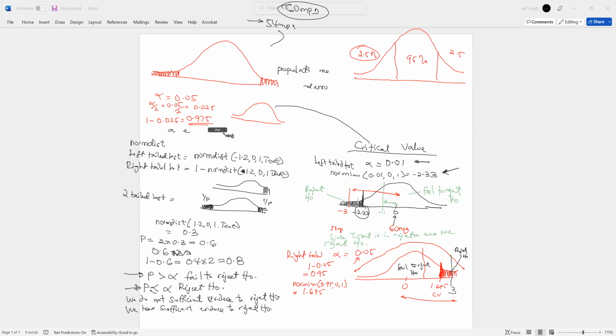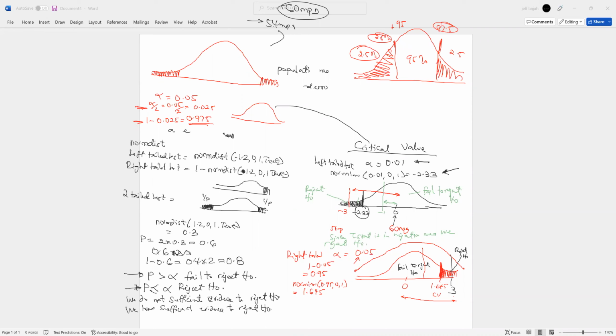We knew that this part here will be 2.5%, and this part here will be 2.5 plus 95, which is 97.5. So 2.5% and 97.5%. So these are the two sides.